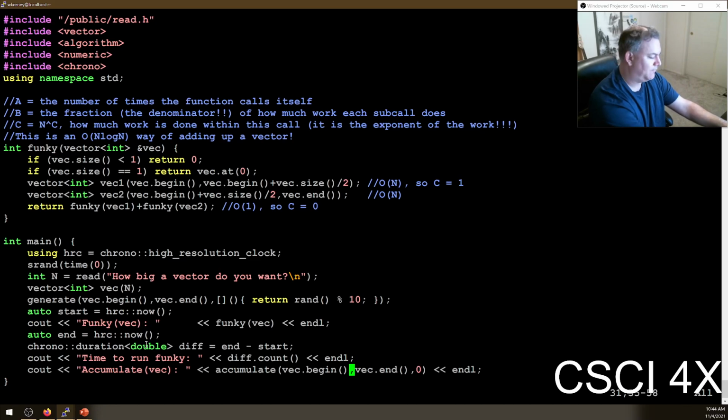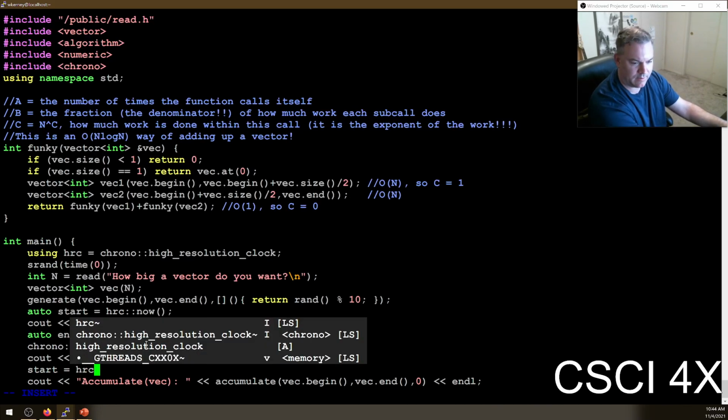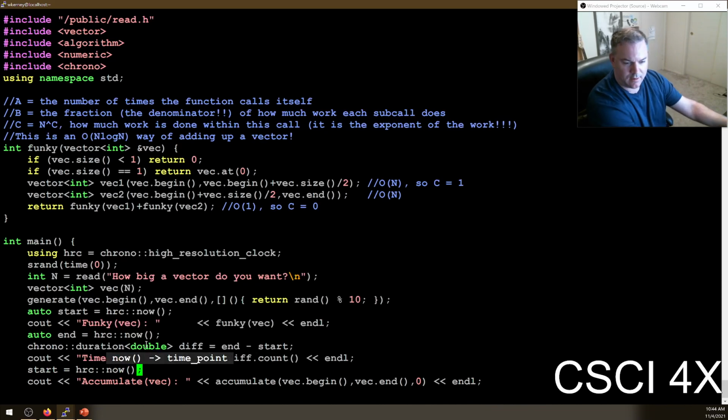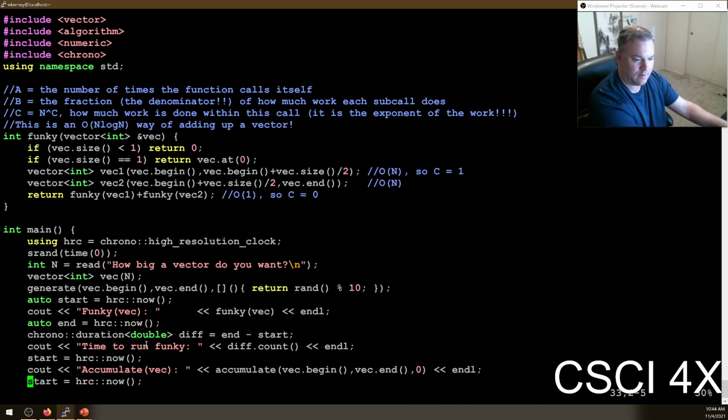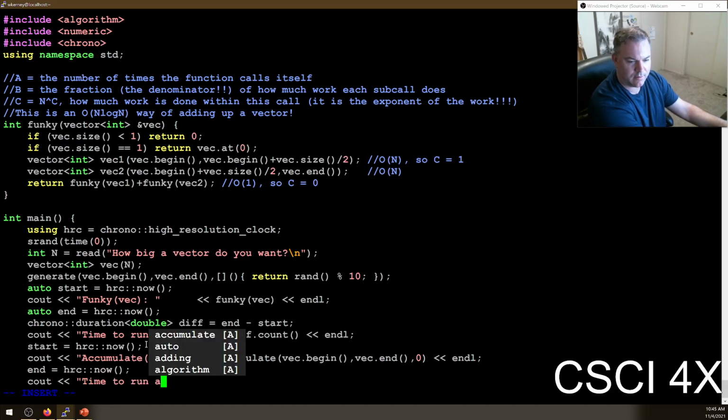And then we'll do the same for accumulate. Start is equal to HRC::now, and end is equal to HRC::now, and diff, and just cout the time to run accumulate.